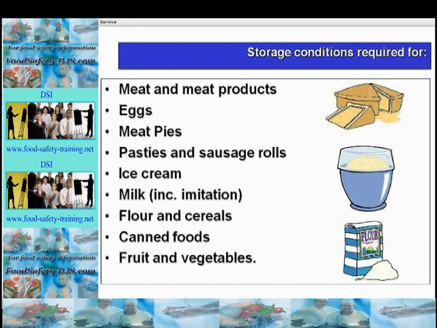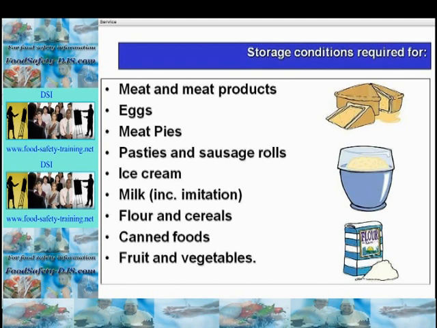Meat pies, pasties and sausage rolls: below 8 degrees Celsius if nothing added after cooking, otherwise below 5 degrees Celsius, and rotate stock. Ice cream below -18 degrees Celsius, or -12 degrees Celsius prior to serving. Milk and cream, which includes imitation cream, below 5 degrees Celsius, refrigerated on receipt, and good stock rotation.